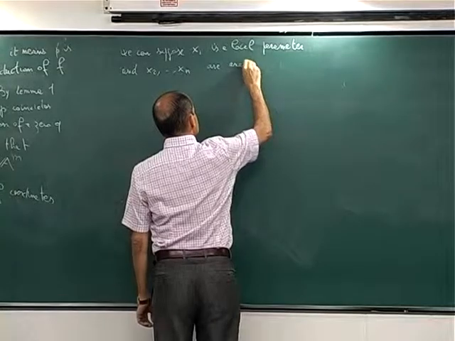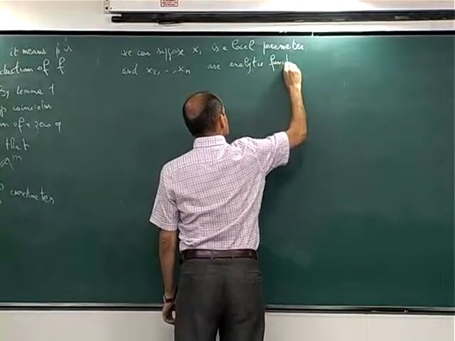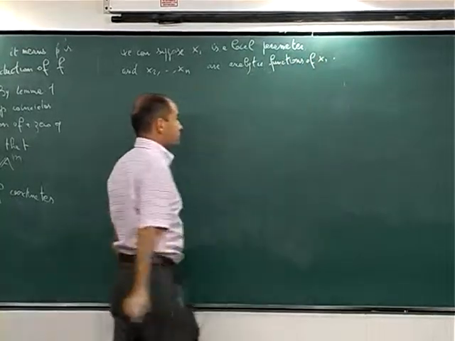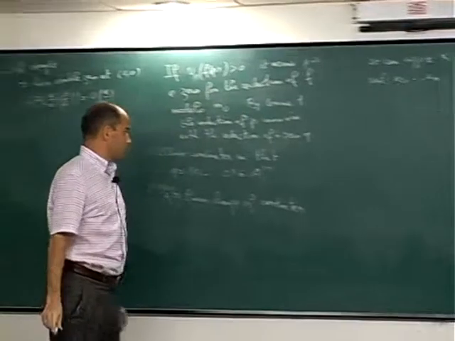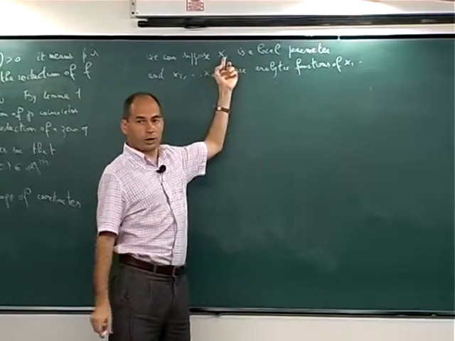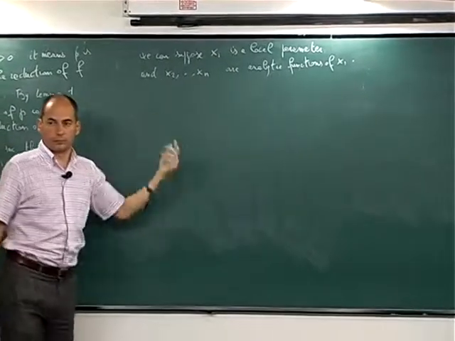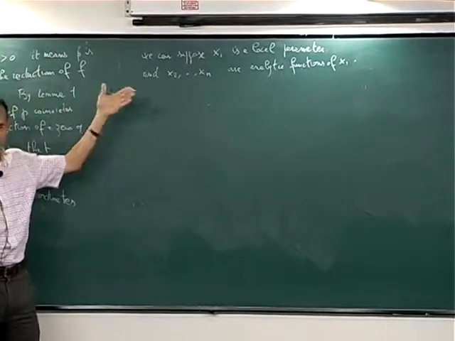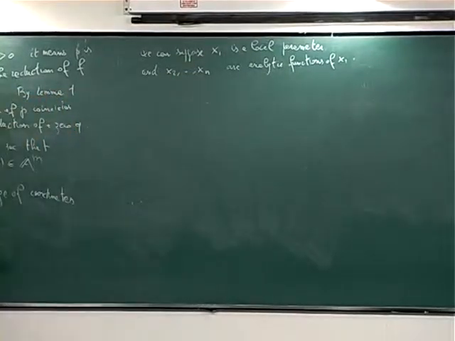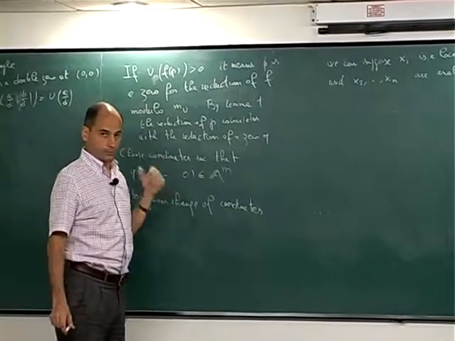So locally at the origin, we can use x1 as a coordinate, and all others can be obtained by the implicit function theorem in terms of x1, since this is a smooth point of a variety of dimension 1.